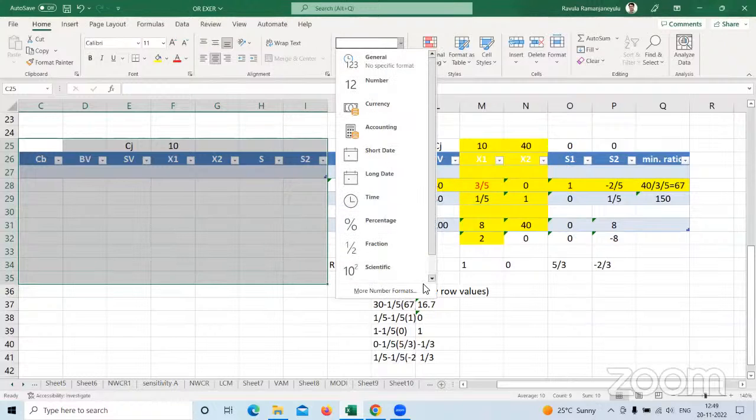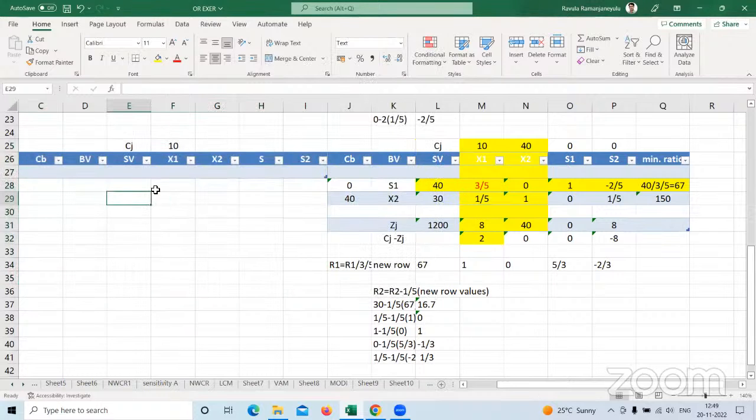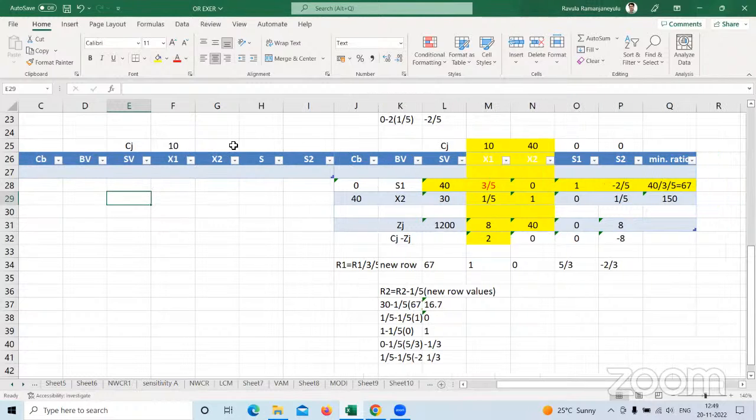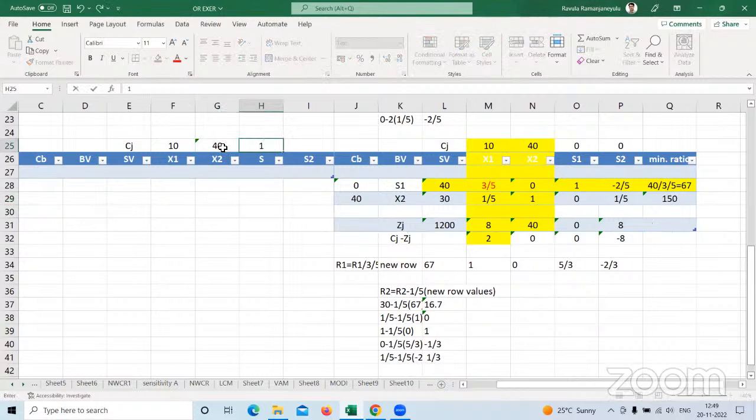In Excel, there are so many points to be taken care of to understand. PB values 10, 40, 0, 0, where the new values, the basic variable will change.